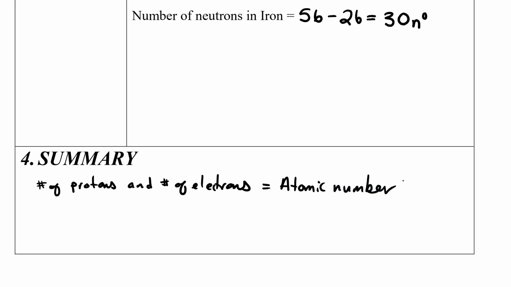So the atomic number for iron was 26, so we're going to have 26 protons and 26 electrons. And the number of neutrons equals the atomic mass minus the atomic number.